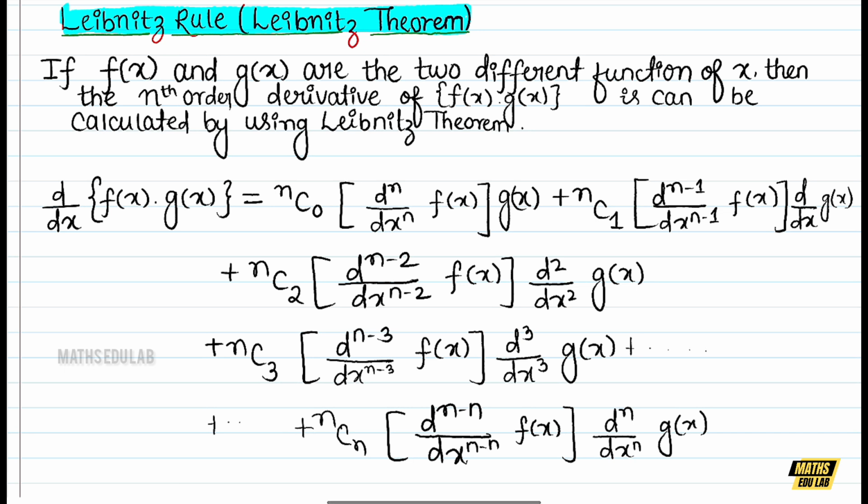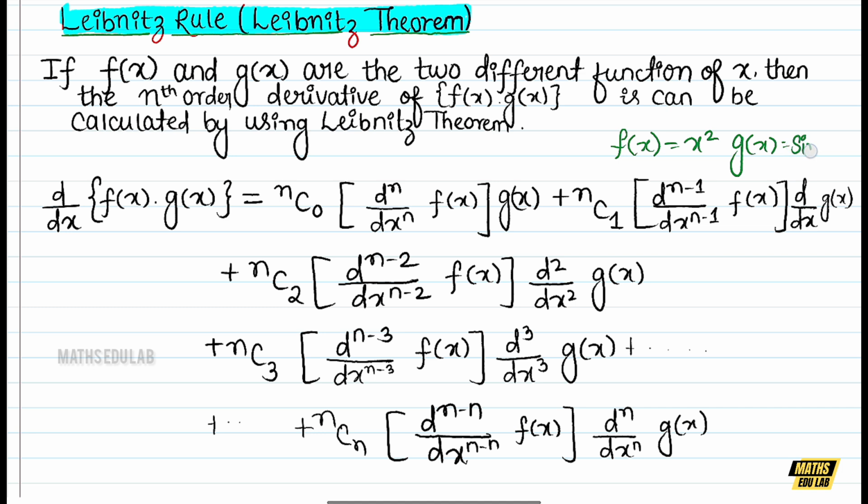It is given that if f(x) and g(x) are two different functions of x, then the nth order derivative of f(x) g(x) can be calculated by using the Leibniz theorem. Suppose we have two functions. Let us consider f(x) is x squared, and g(x) is sin x.